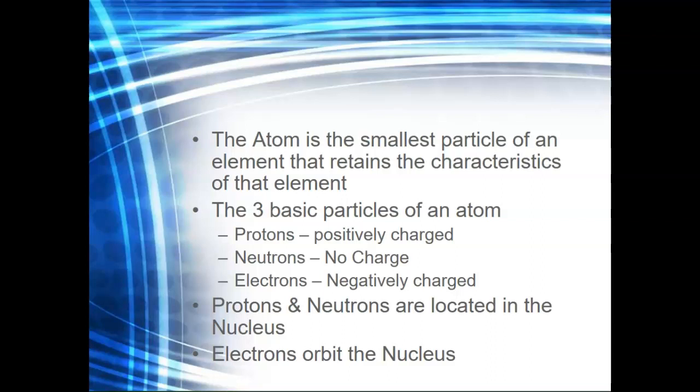The electrons, however, are the odd man out. They tend to just kind of float around outside that nucleus. If you want to think about it this way, protons and neutrons are like the sun in our solar system. The electrons are like the planets. Does that make sense? Yes, ma'am. Okay.